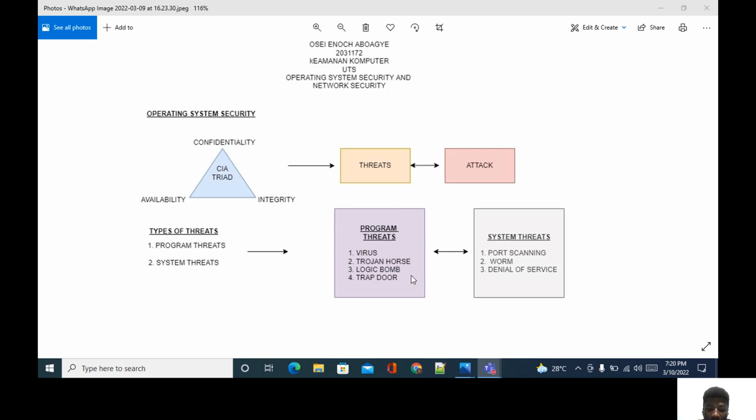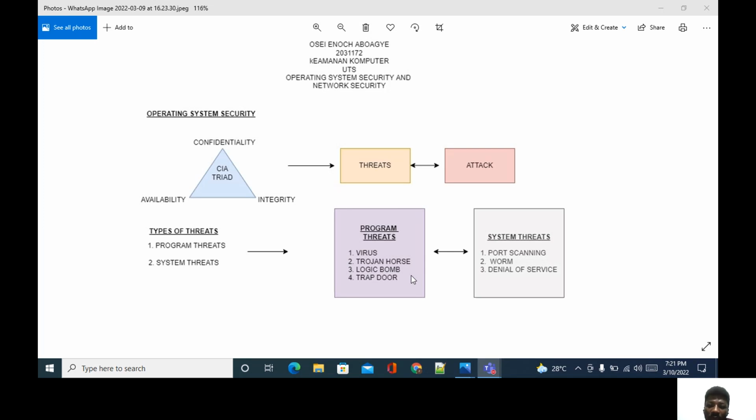Maybe the program is designed well, but there may be some weaknesses in the code, and that weakness will cause the program to function illegally. So that is how trapdoors work. Because of the weaknesses in their security code, they function illegally.